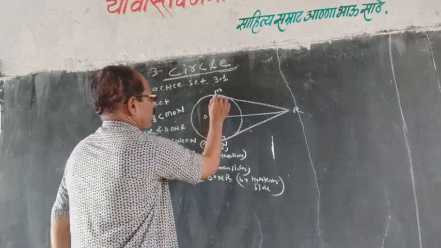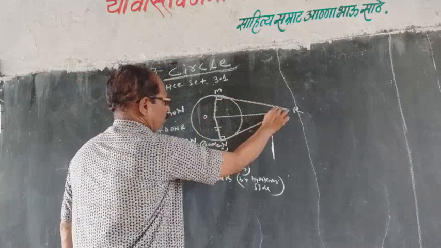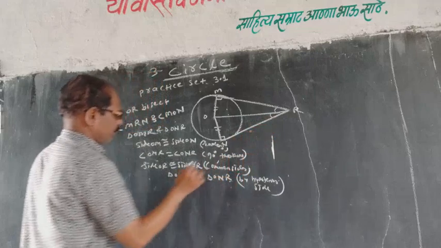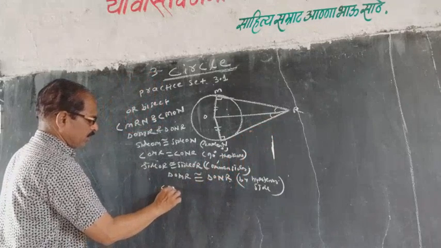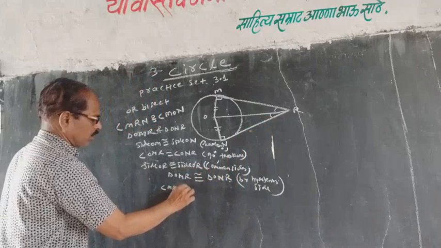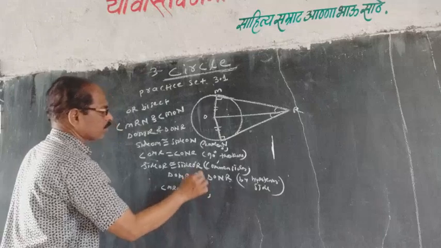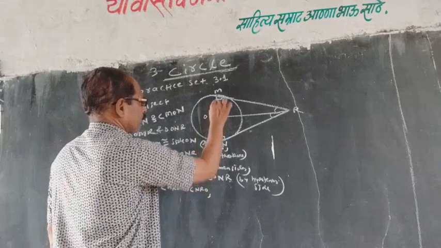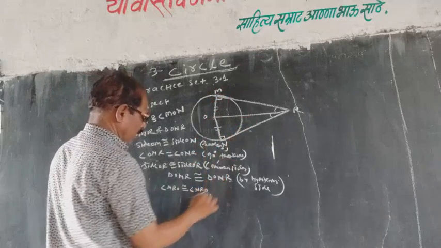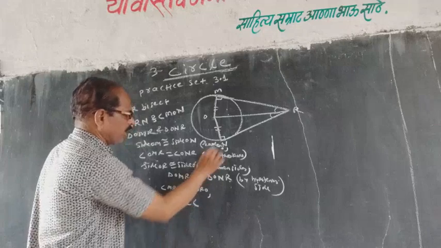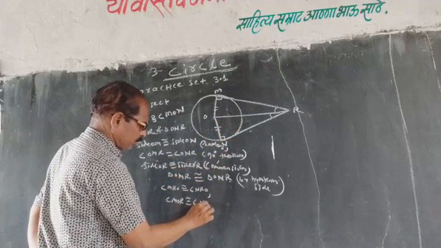Therefore, angle MRO is congruent to angle NRO, and angle MOR is congruent to angle NOR.